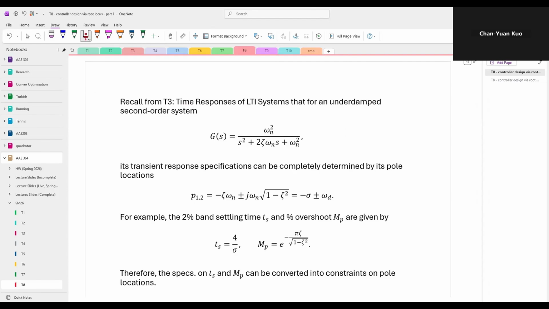For example, the 2% settling time depends only on the real part of its poles, and the percent overshoot depends only on the damping ratio. Therefore, instead of thinking about settling time and overshoot separately, we can think of them as constraints on where the closed loop poles are allowed to be.